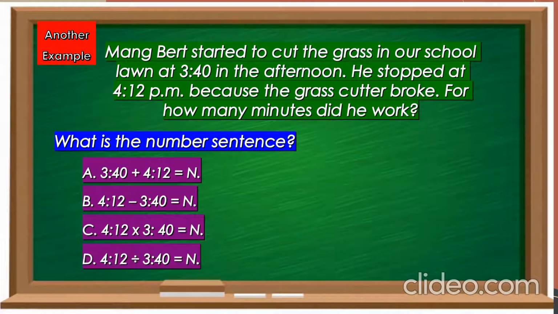Or letter D, 412 divided by 340 equals n. The answer is letter B. 412 minus 340 equals n. Time finished minus time started equals n.